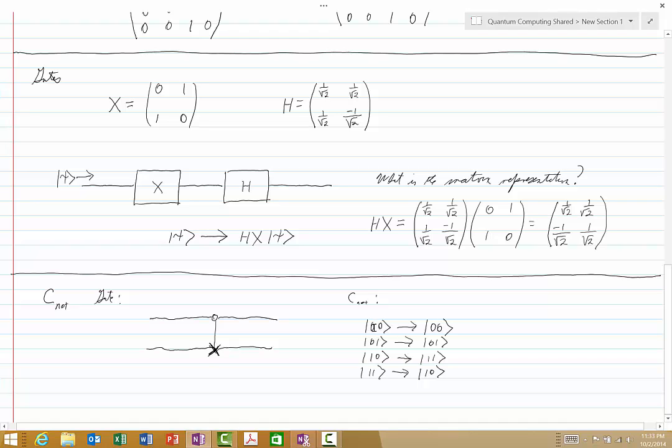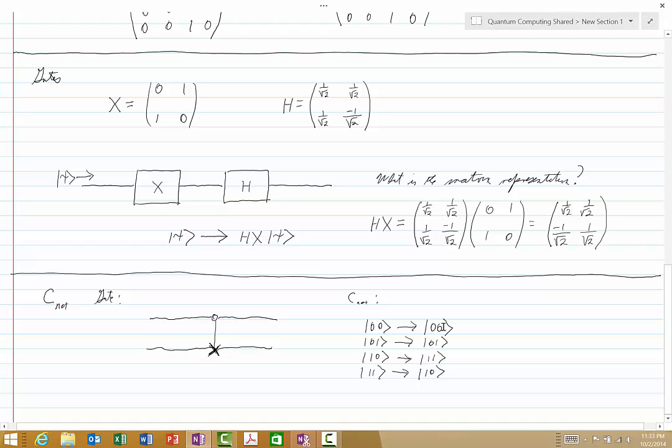You see, in these two cases, the first bit is 0, and so the second bit is 0 there and 0 there, 1 here and 1 there. There's no change. But when the first bit is equal to 1, then the second bit will get toggled. So 1 0 goes to 1 1, and 1 1 goes to 1 0. Notice that in every case, the first bit remains the same.